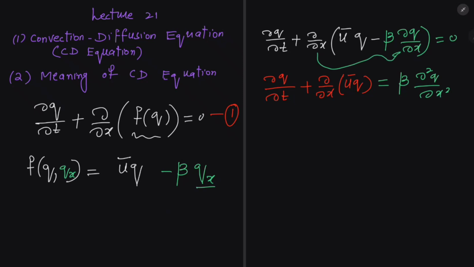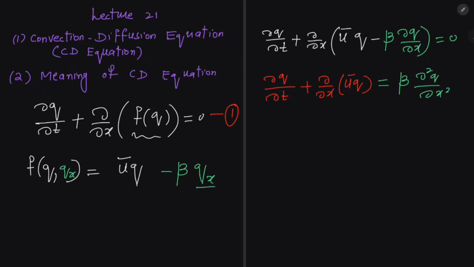I applied the partial derivative on this quantity. For example, I applied this over here. This becomes minus partial by partial x of beta partial q by partial x, and beta is a constant. Sometimes it is a constant, but it can be a function of some other quantity.